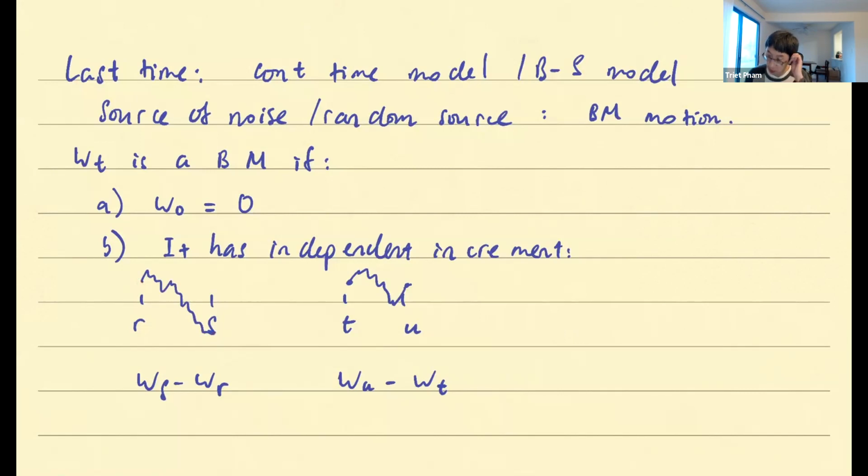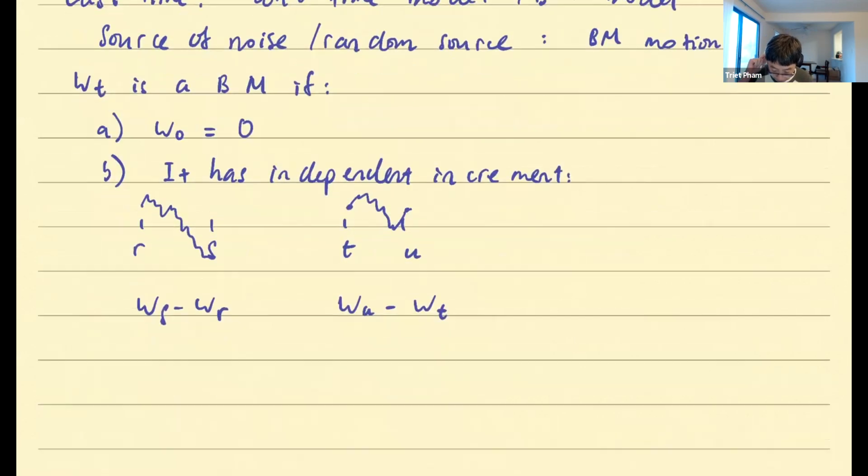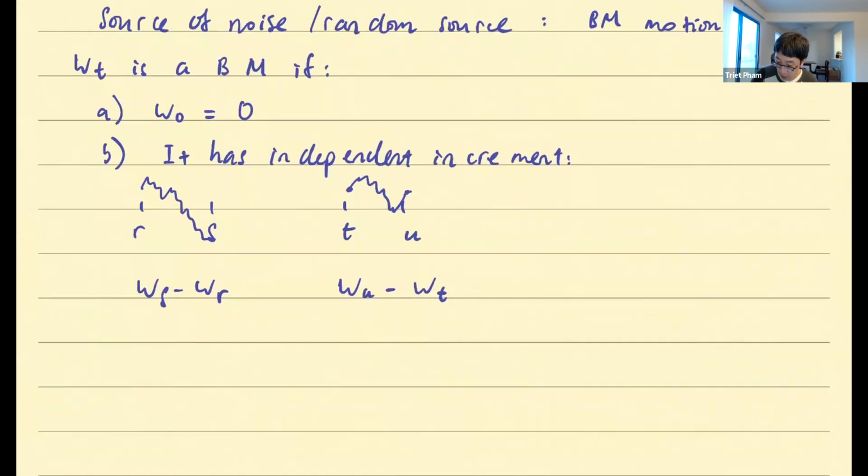Of course, both of them are random quantities. And so the point is, if these two time intervals are not overlapping, then we must have independence between the increments. So this notation means independent.